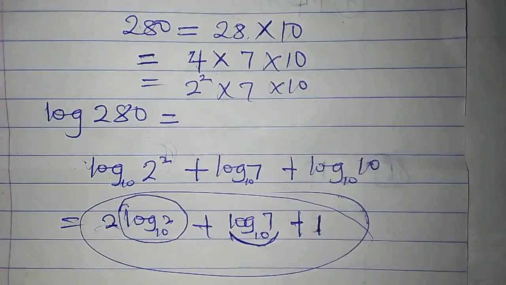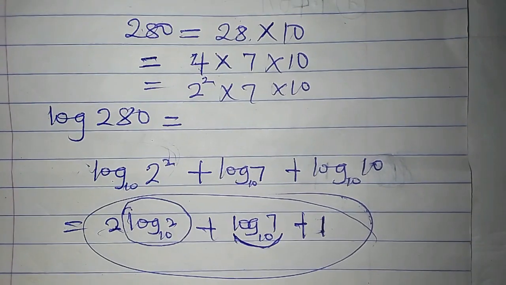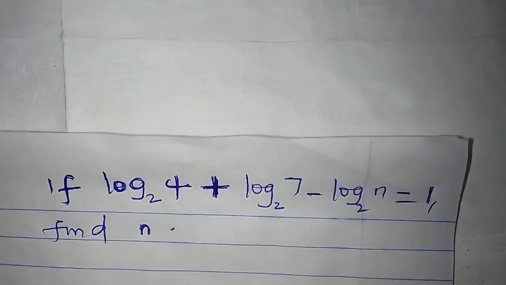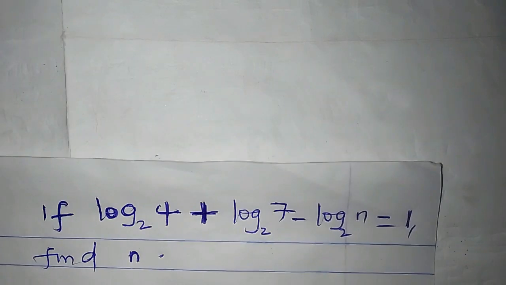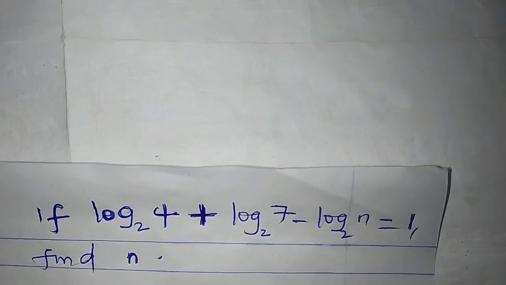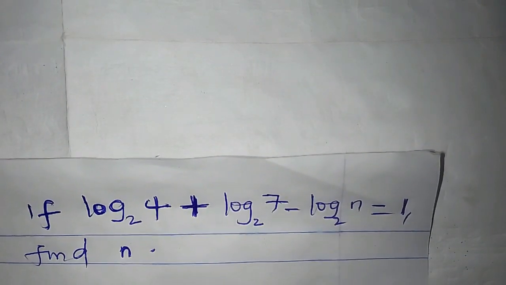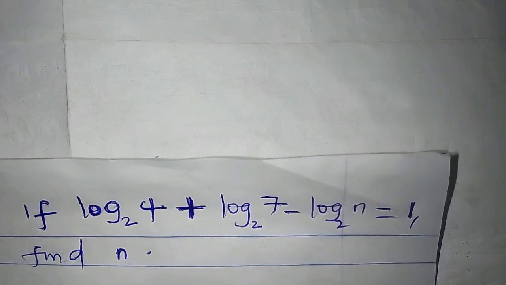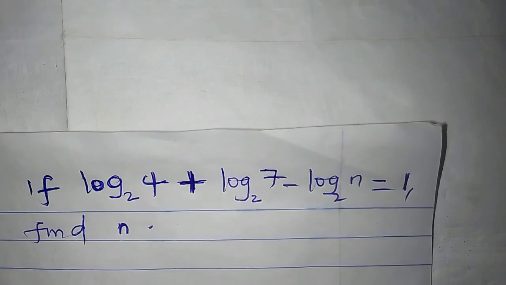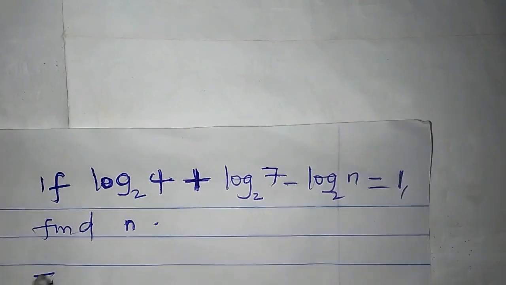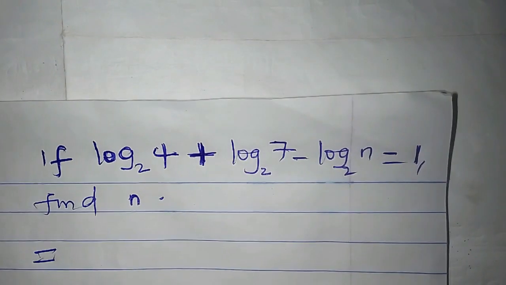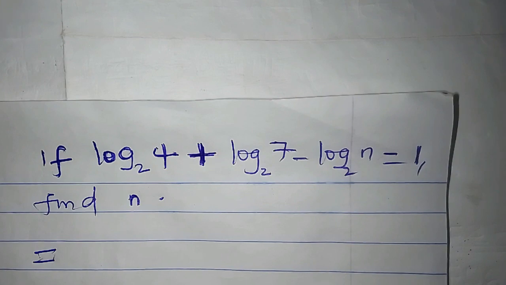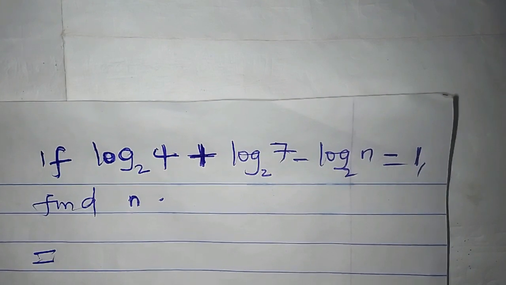So I will solve the last question under this logarithm, and this is the last question I will solve. If log 4 to base 2 plus log 7 to base 2 minus log n to base 2 is equal to 1, we have to find the value of n. It's simple, it's a logarithmic equation. What we'll do is just to simplify and then apply the law of logarithm to eliminate the log.